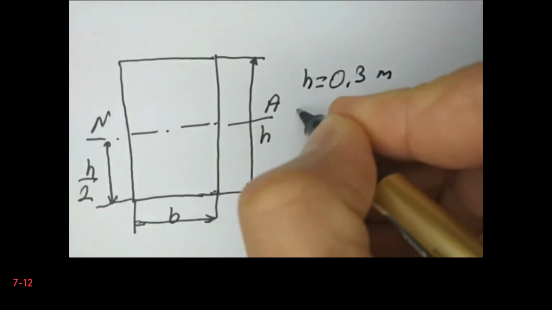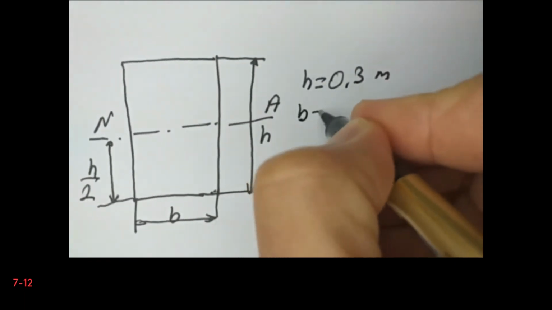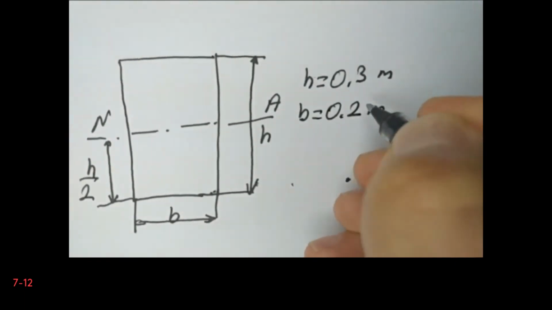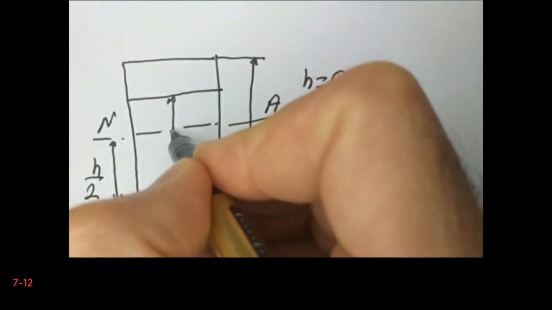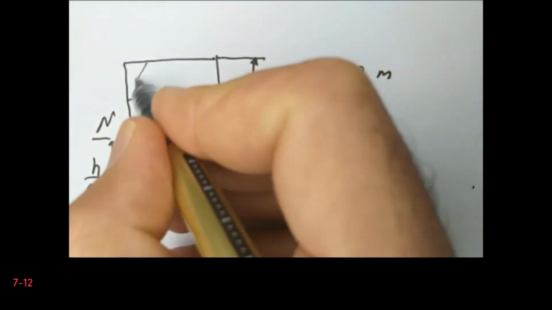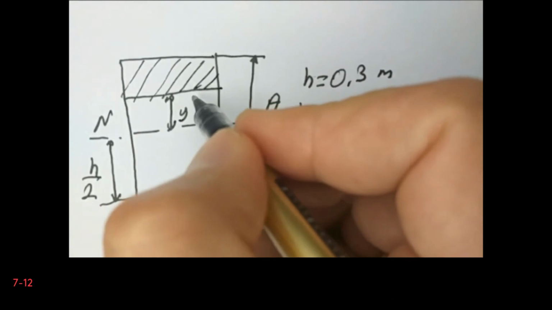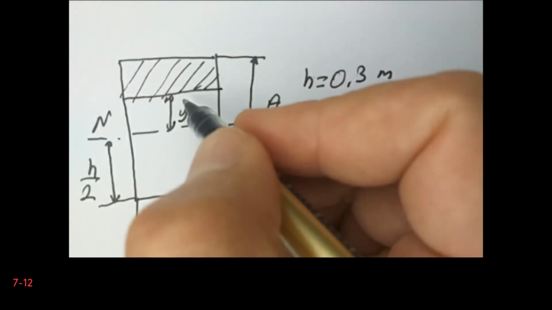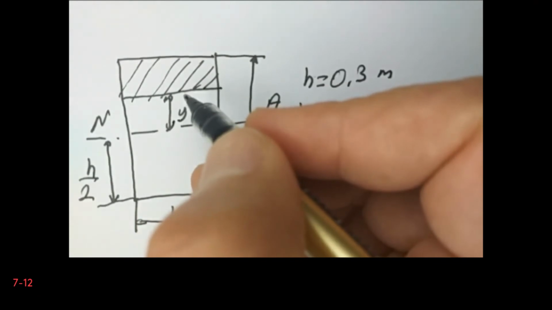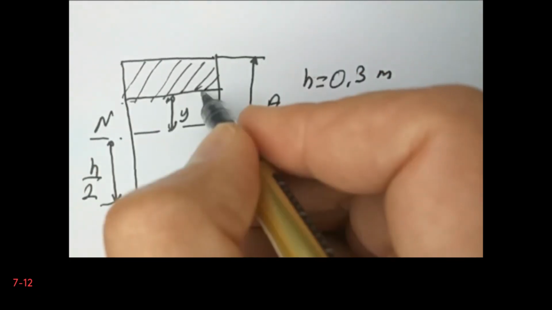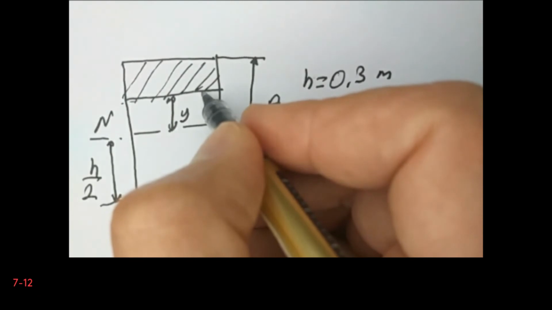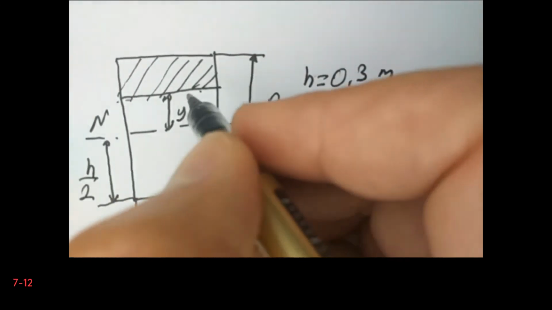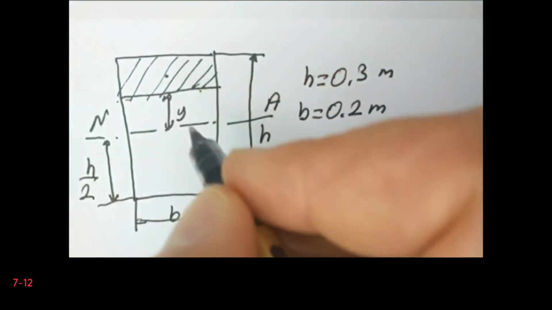I will just choose an arbitrary distance y, and I will calculate the shear for this location, and in fact I will calculate the moment of area for this. So let's calculate the first moment of area for this particular location.